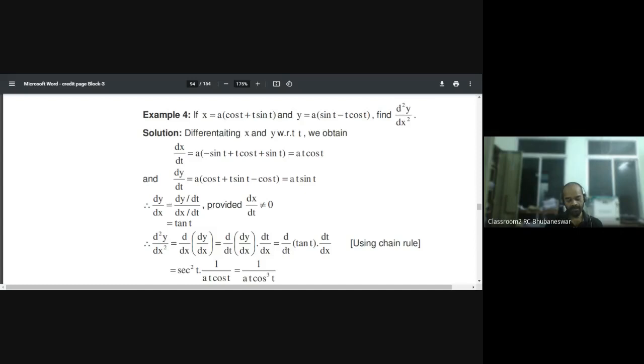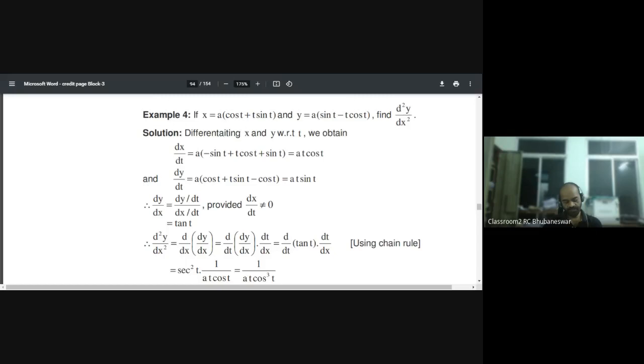To calculate this, we use the same process: first we differentiate x with respect to t, then we differentiate y with respect to t, and finally we divide to get our result.